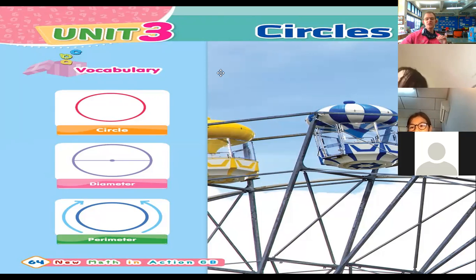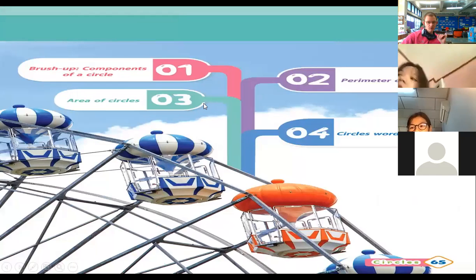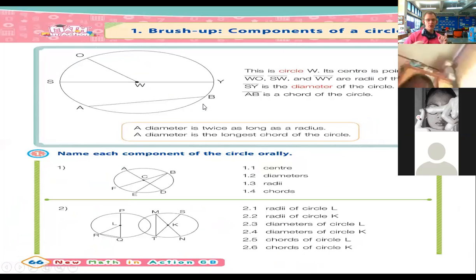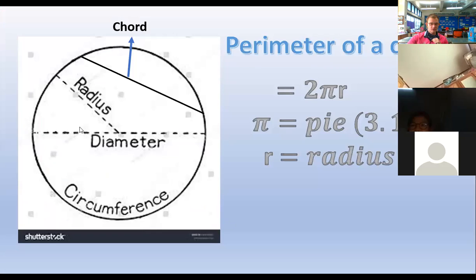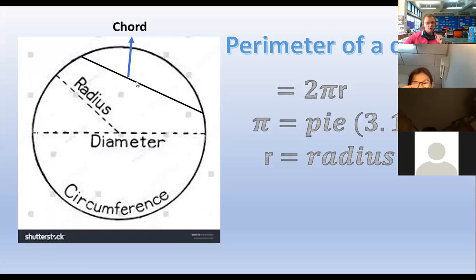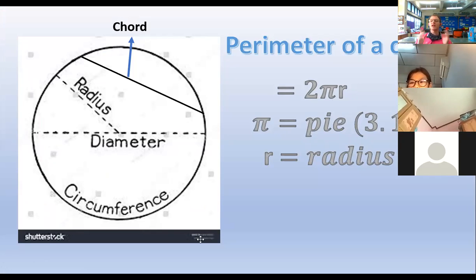So, what is the most important part of a circle? Well, first, we have to look at the different components. Let me go to the next page. Here are the different components we have in a circle. These you will just have to learn by heart so that we don't forget them.